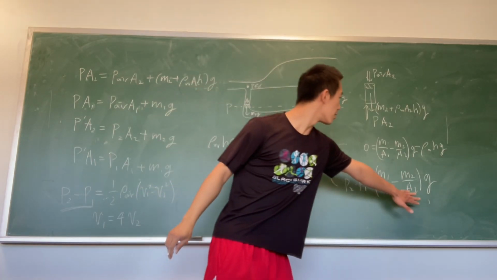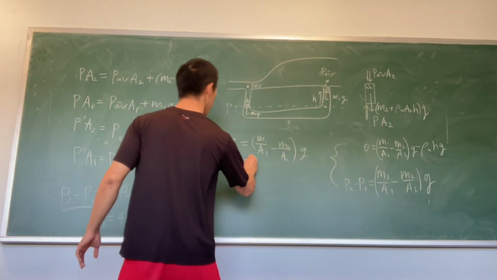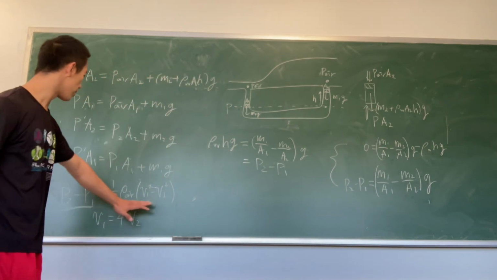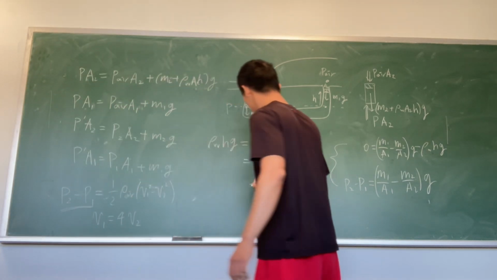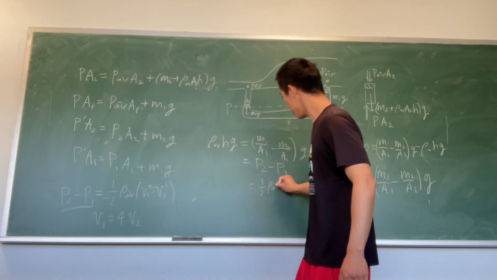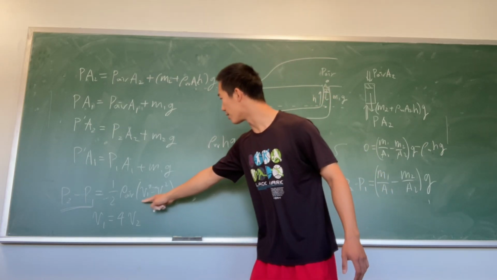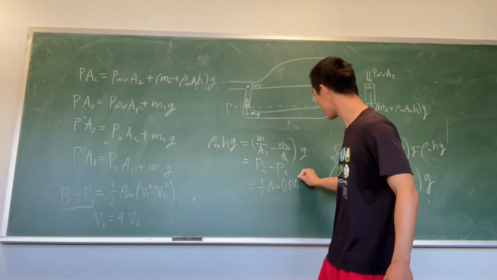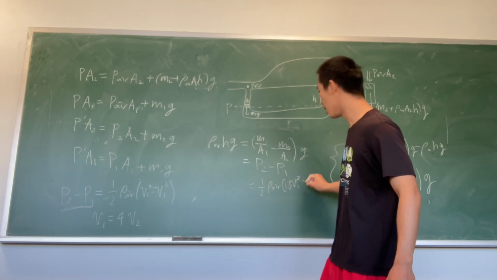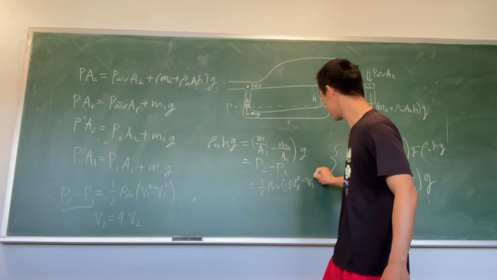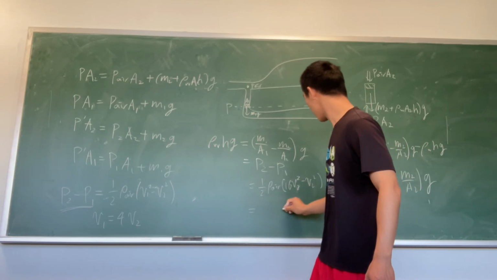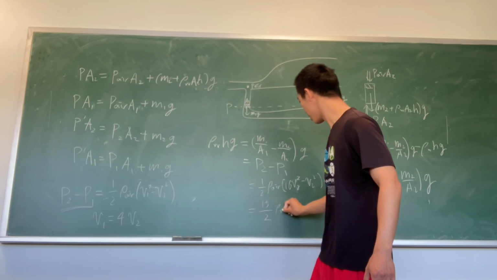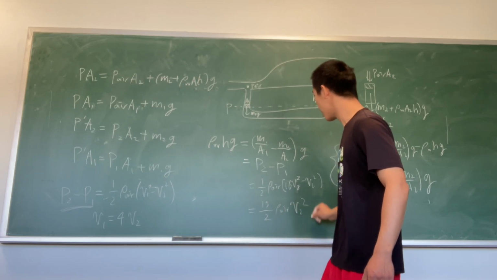And that equals also the pressure difference, which I know is just this thing. And now I'm going to plug in V1 is 4 V2. So now I have 16 V2 squared minus V2 squared. So at the end I have 15 over 2 rho air V2 squared.